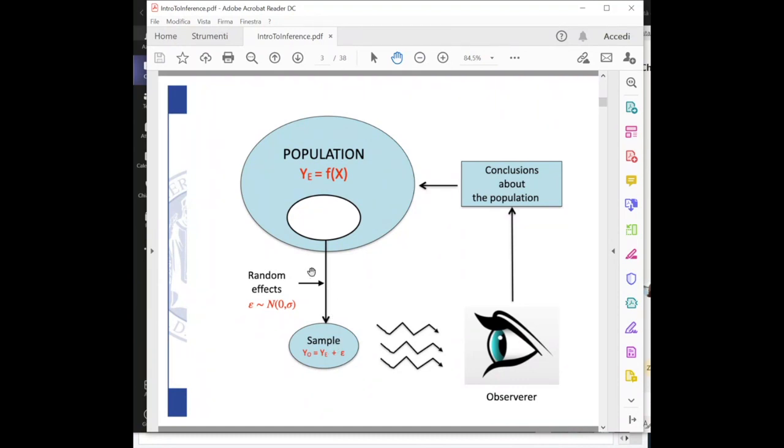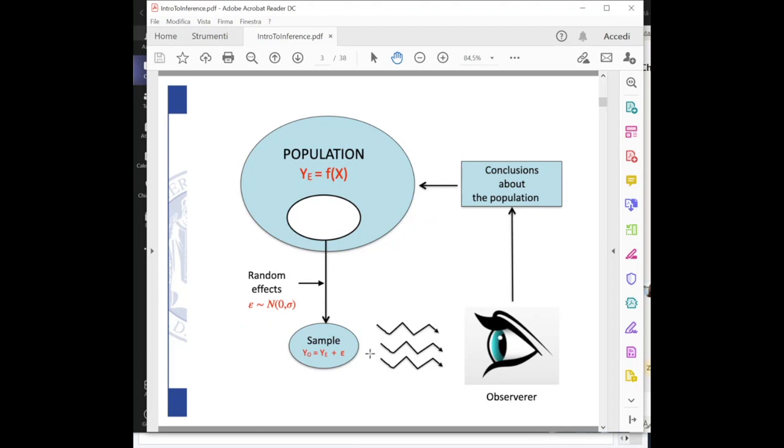So it's something like a distortion, which is described by this epsilon component here, which we have assumed as Gaussian distributed. Such an assumption is not a general assumption.